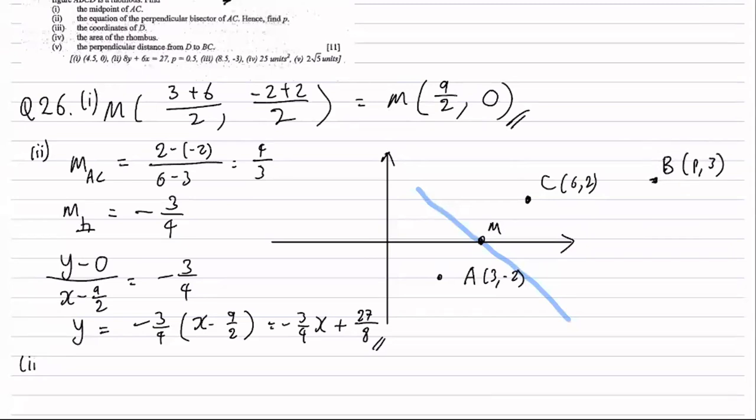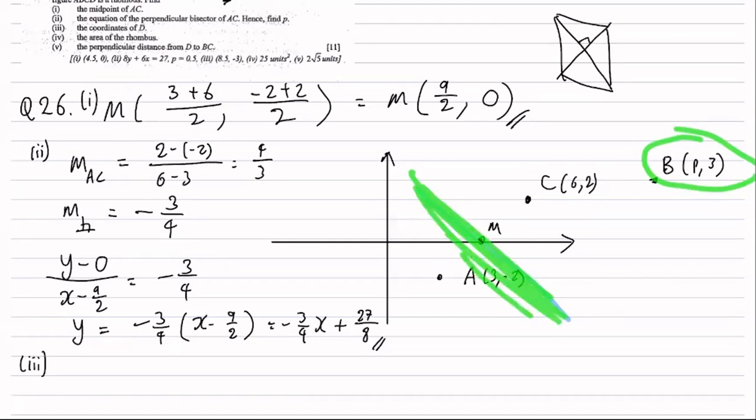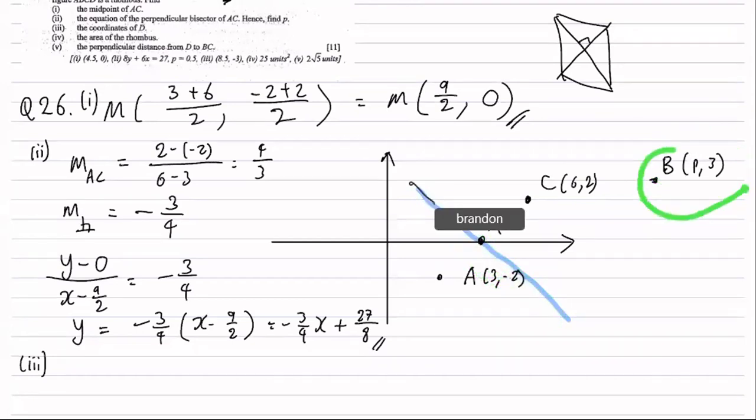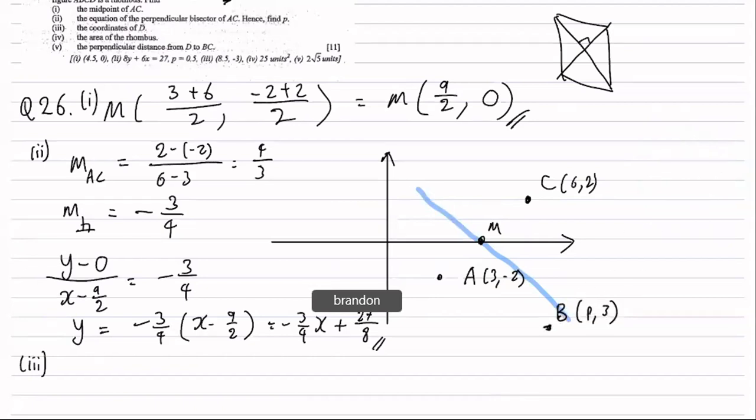The answer is no. You know why? Rhombus, perpendicular diagonals. And more importantly, point B must be along one of the diagonals, which is this diagonal. So if it's floating on the right side, it doesn't make sense. It should be either here or there.